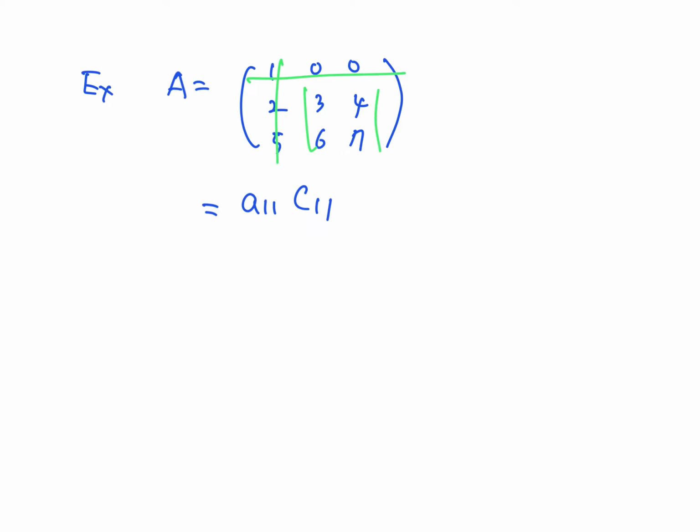So this is basically just 1 times the determinant of 3, 4, 6, 7. 21 minus 24 is minus 3.